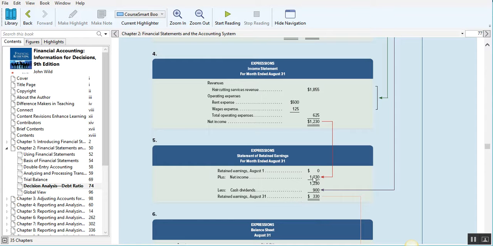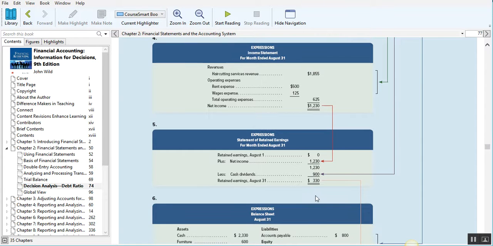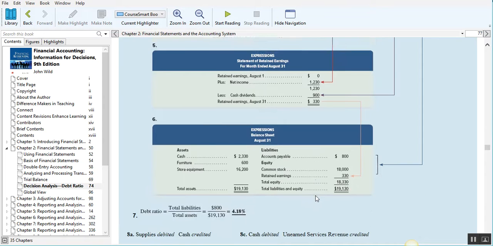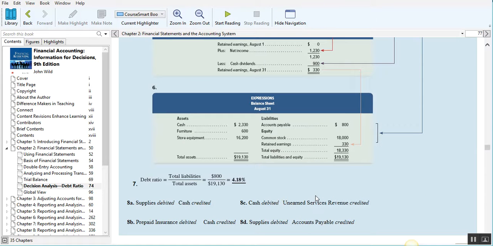You pull out the net income for retained earnings, and then you subtract out cash dividends to show how much of the net income you're keeping in the business. And then finally, you're going to calculate the balance sheet based on these earlier numbers. This is the simplest form of a balance sheet, and it's basically what we've used most of the time.